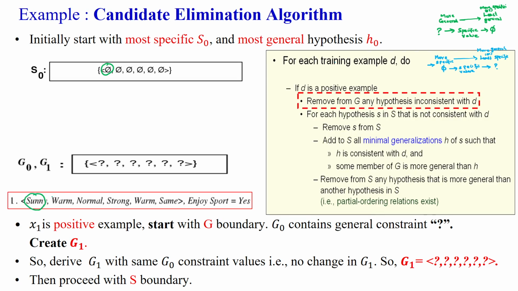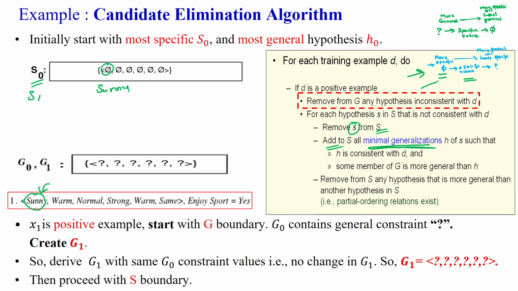If it is not matching, then we apply this rule: more specific, so null will be replaced by the specific value in x1. Here the null should be replaced by sunny. So from S0 we define S1 by going through each constraint of the specific hypothesis and adding minimal generalization.